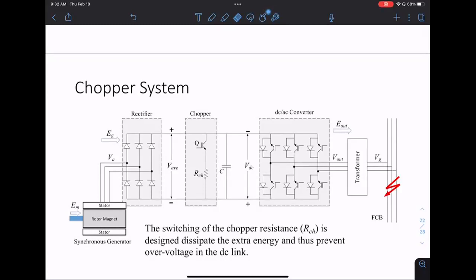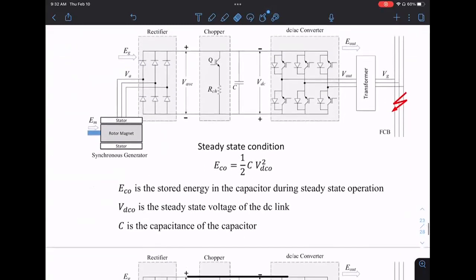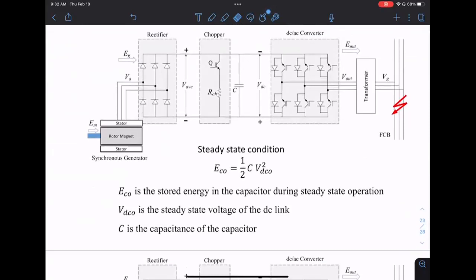One way to do this is to compute how much energy is actually stored on average by the capacitor. It's storing some energy for operation. The energy stored by a capacitor is half CV squared. You may or may not remember this from circuits. C is the capacitance, and V is the average or operating voltage in this DC link.